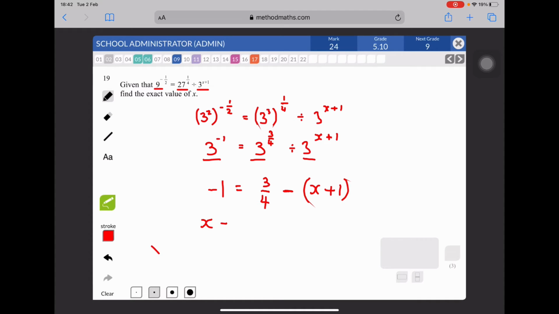So x plus 1, take away 1, they will cancel out. And so now we just have x equals 3/4. So let me type 3/4. It's fine, I know I'm correct.